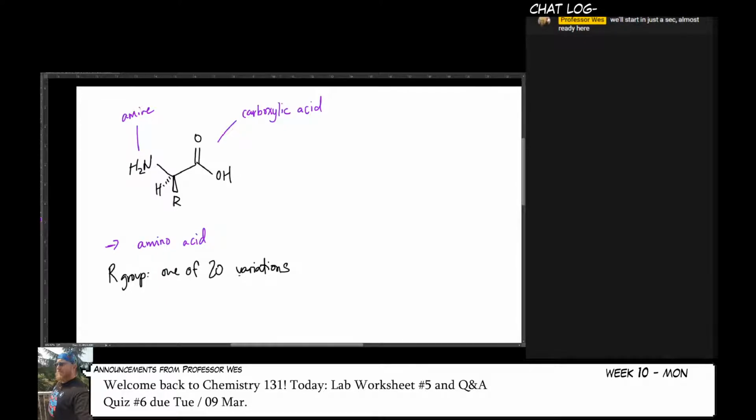These are called the amino acids, where you replace R with, maybe it's hydrogen, and then that molecule becomes glycine. Or maybe it becomes methyl, and I think that's alanine. I don't have the amino acids memorized because why? Just look them up on the chart, right?